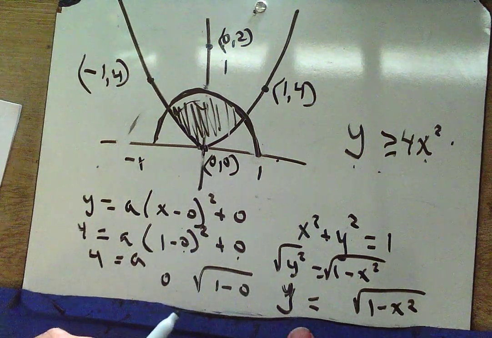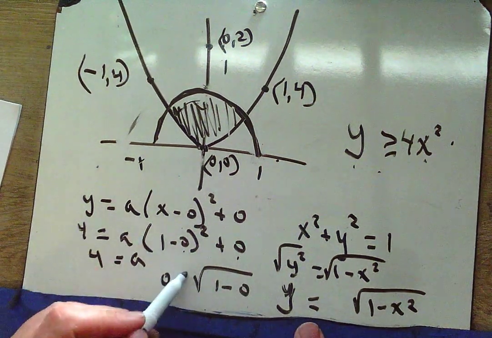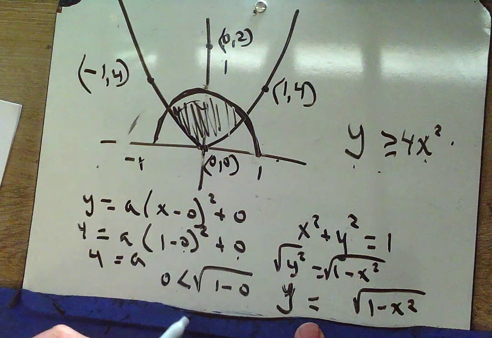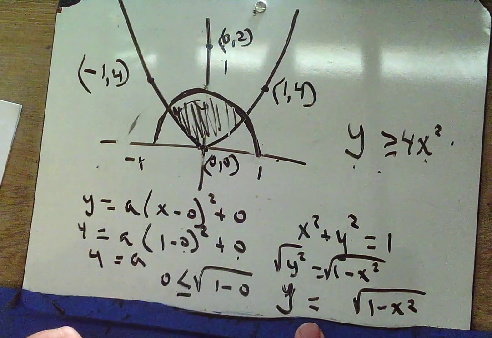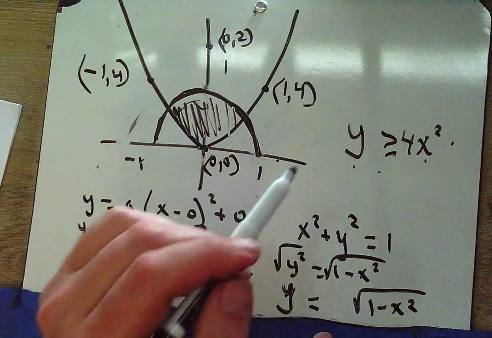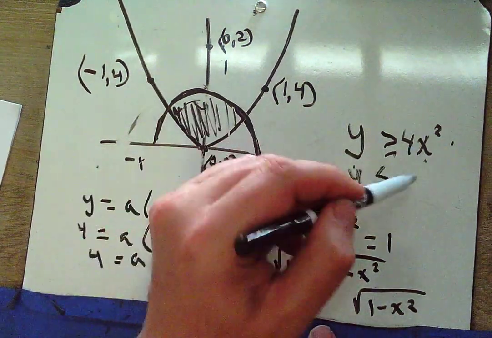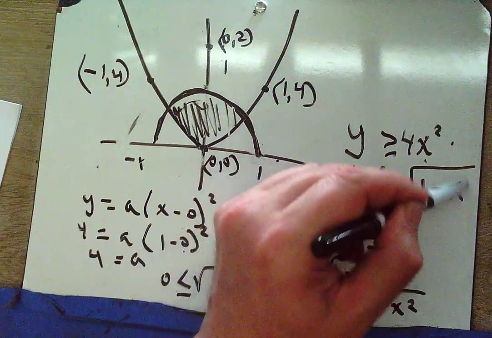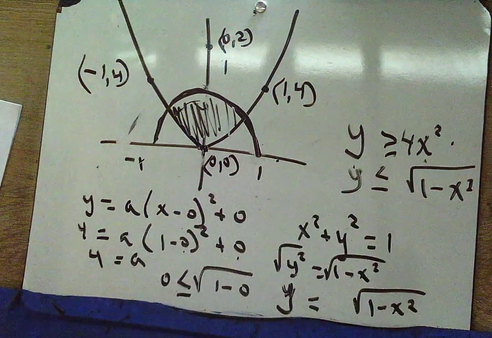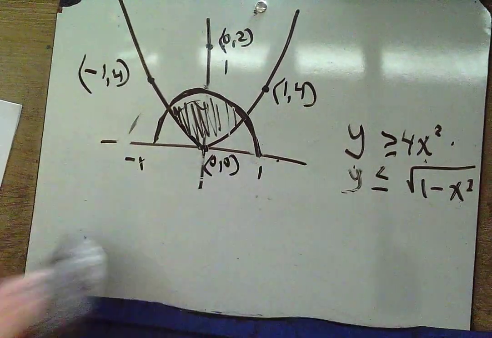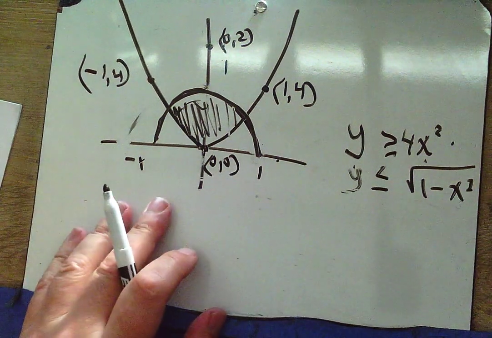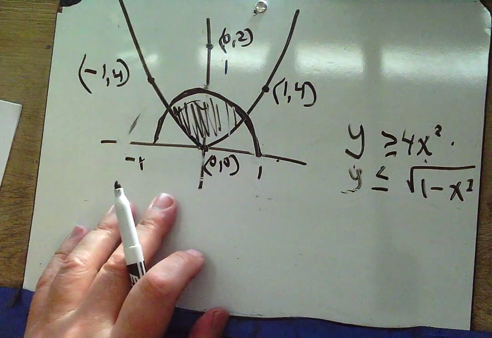And I want this to be a yes. So it has to be like this because it's equal to. All right, so that means my second is y is less than or equal to the square root of 1 minus x squared.